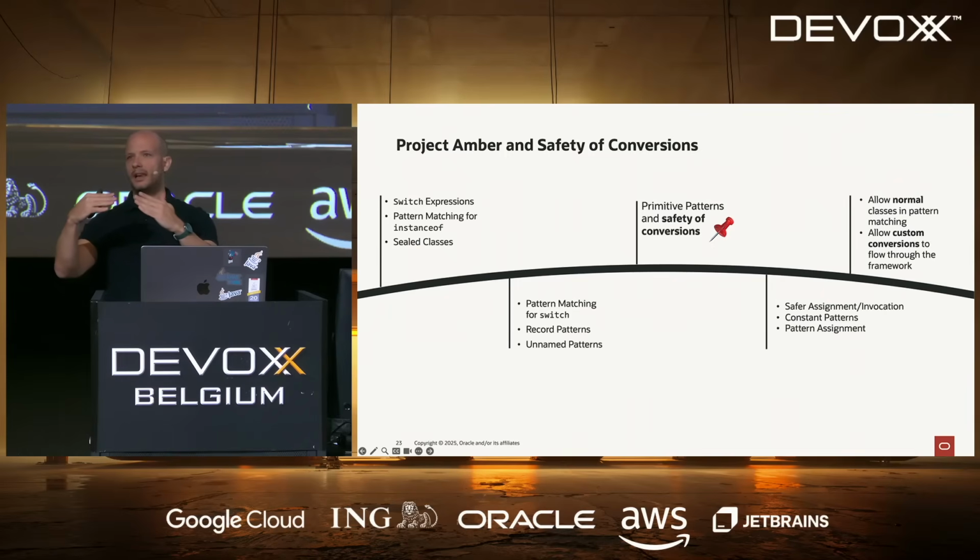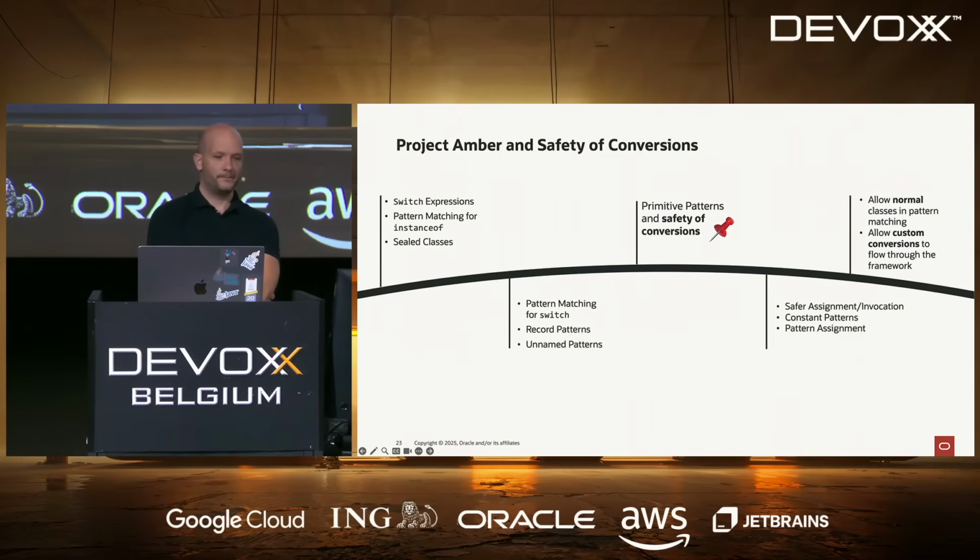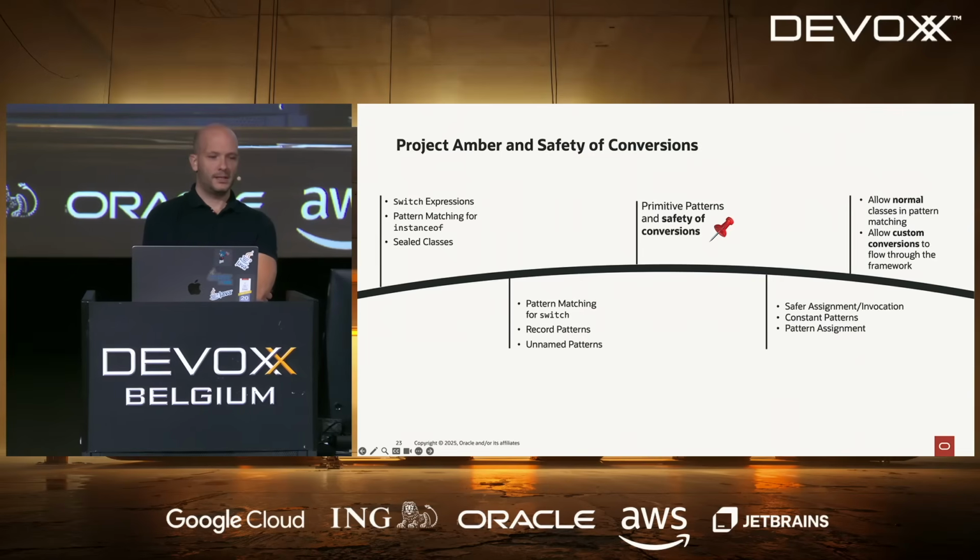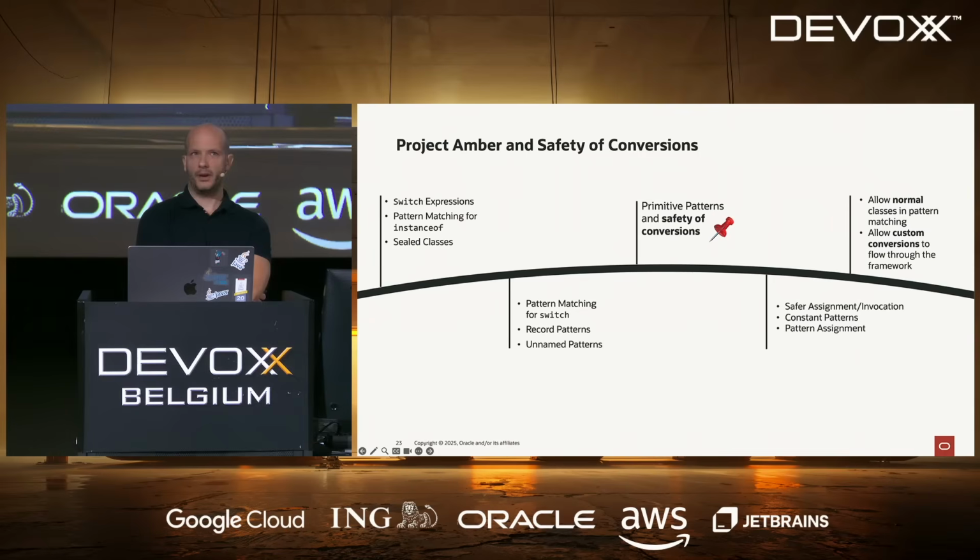Another effort is to allow normal classes to be deconstructed, and that you can recover information for normal classes through pattern matching, which is very important in the way that we are constructing our APIs for pattern matching.